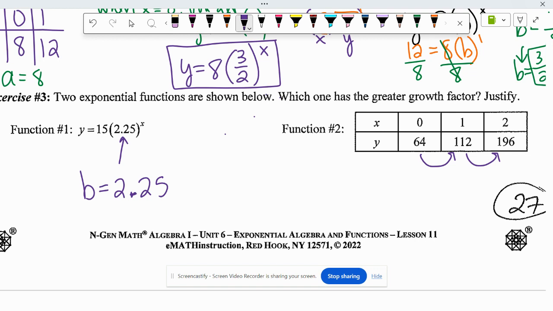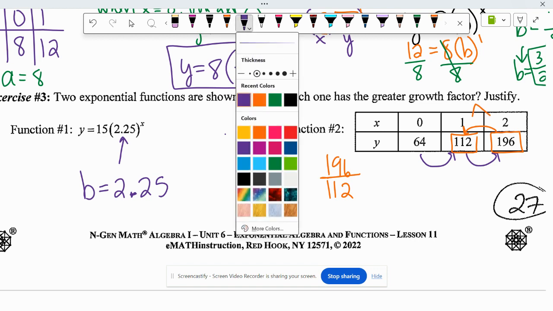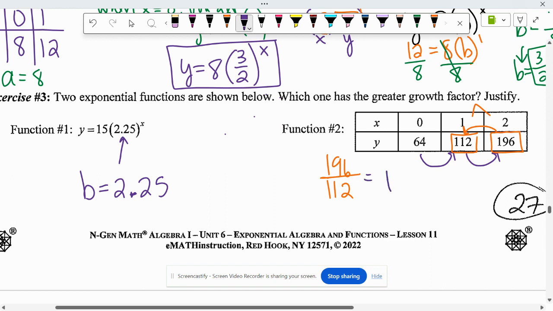Let's figure out what the value of b is here. How can I do that? Well, I can take the larger output, 196, and divide it by the output that came right before it, 112, because we're just growing by 1 on the x-axis. So what is 196 divided by 112? 1.75.